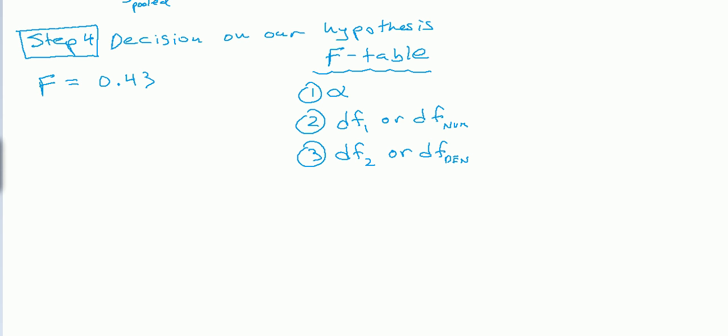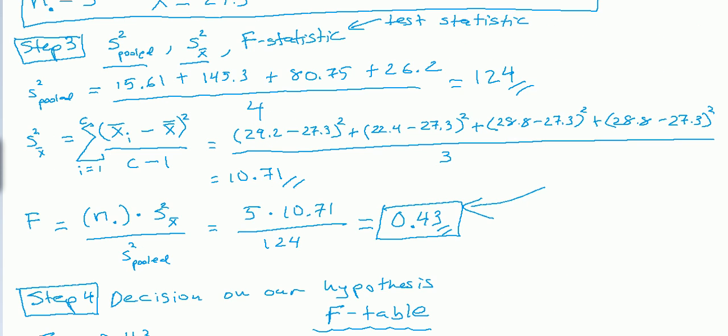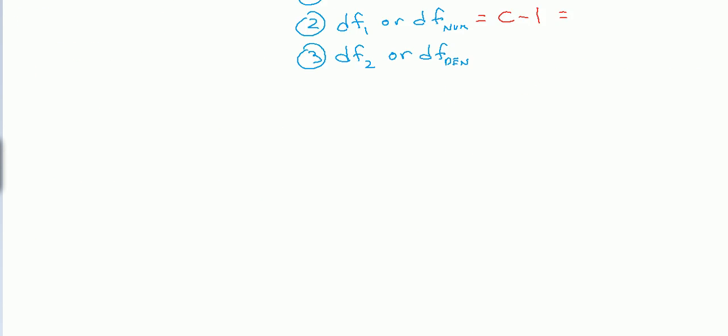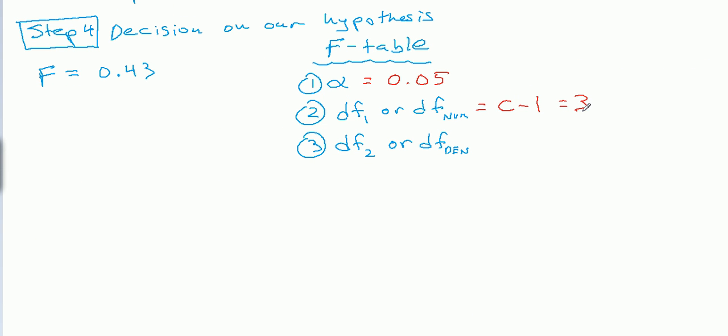For us, these are clear. Alpha was told to us to be 0.05. We're told to test at 5% level of significance. Our numerator degrees of freedom is C minus 1. For this example, if you go back to step 2, you see that C was 4, so C minus 1 is 3.